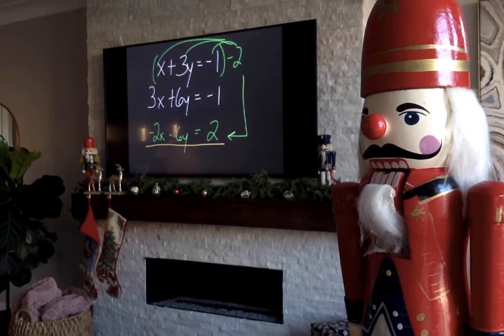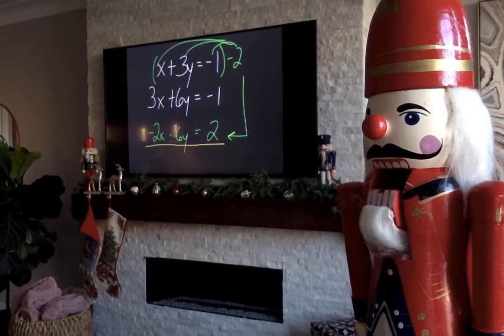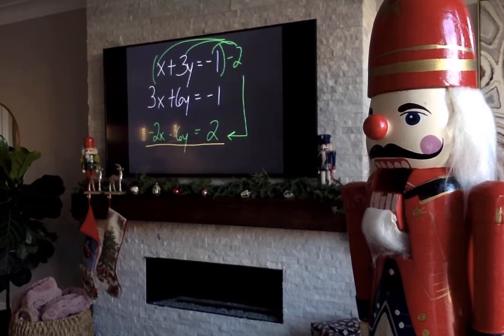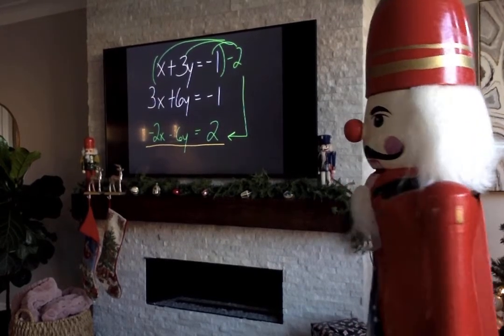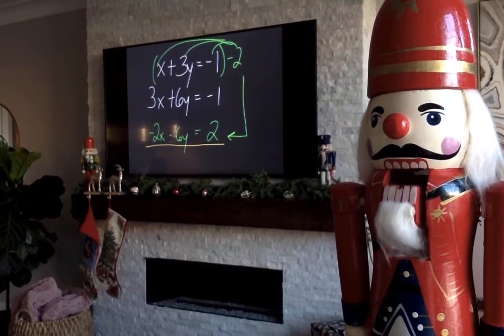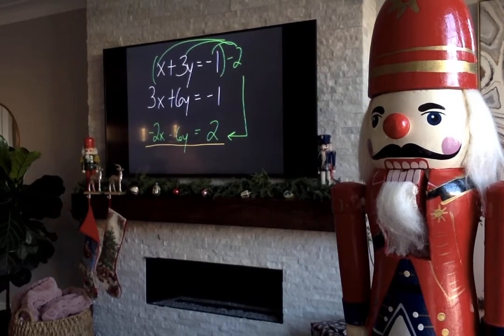The middle line that I haven't really touched has a positive 6y. And the green line at the bottom has a negative 6y. See? So, this means that the y's are going to cancel out to 0.